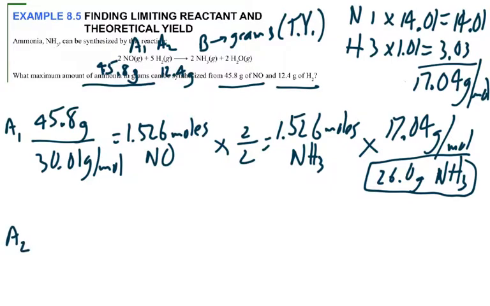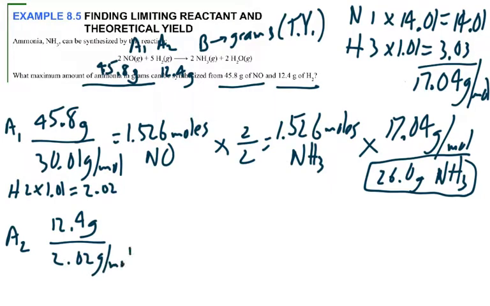So we need to change the 12.4 grams of hydrogen and divide it by the molar mass of hydrogen. That's 2 times 1.01, which is 2.02. So we're going to divide by 2.02 grams per mole. So we can convert grams of hydrogen into moles, and you get 6.1386 moles of hydrogen.